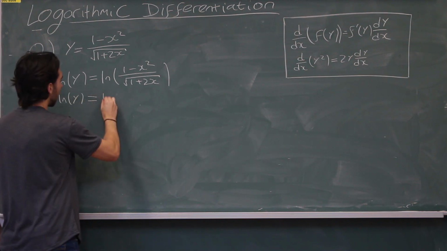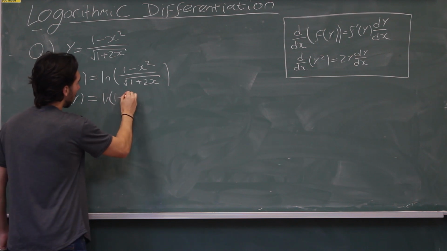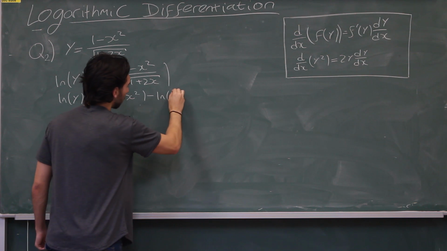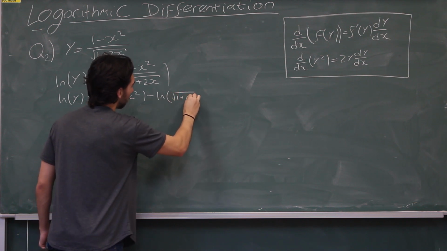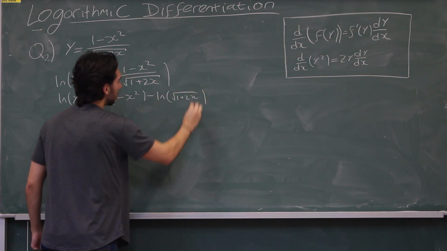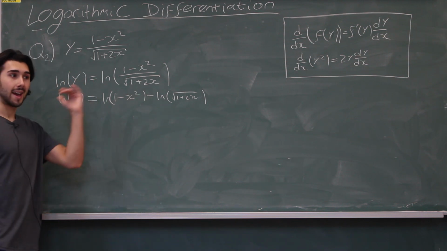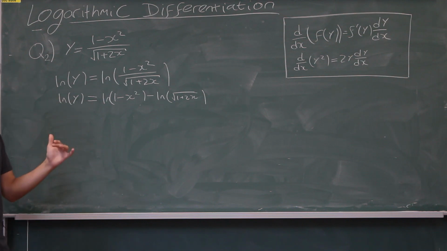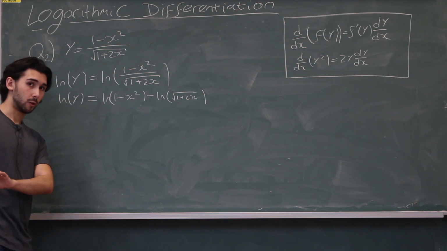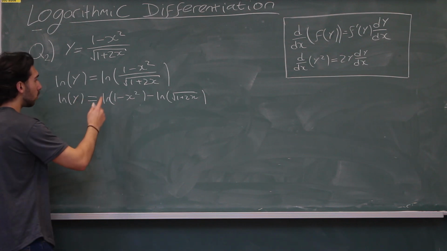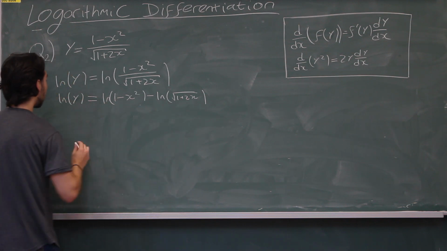So I'm going to write this as the natural log of 1 minus x squared minus the natural log of the square root of 1 plus 2x. This is a logarithm rule. The natural log, or any logarithm of a over b, is the logarithm of a minus the logarithm of b. So it was just a normal logarithm rule. Then we can simplify this one slightly.